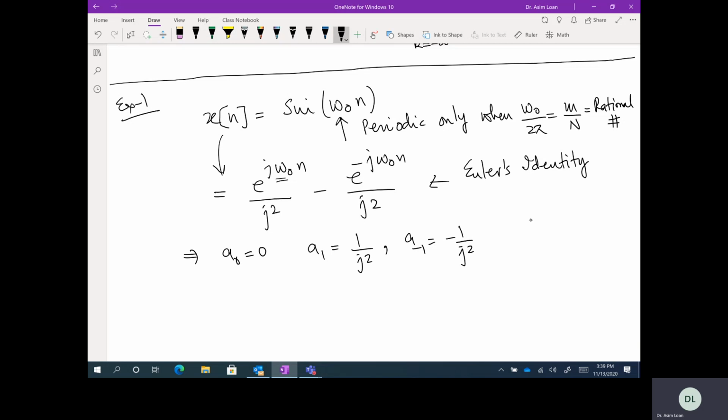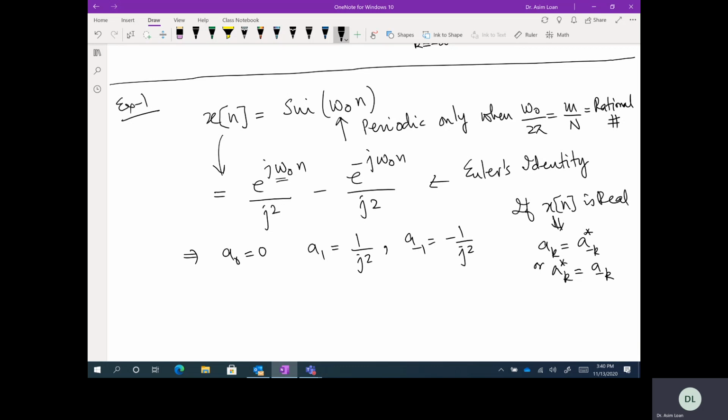The same condition holds. If x[n] is real, this implies a_k equals the conjugate of a_{-k}, or the conjugate of a_k is simply a_{-k}. So this is simply the conjugate of this one, and obviously this is a real signal.